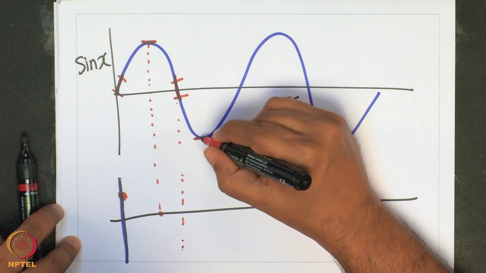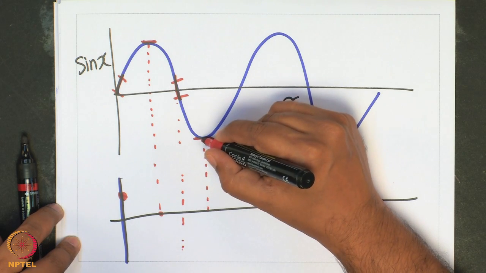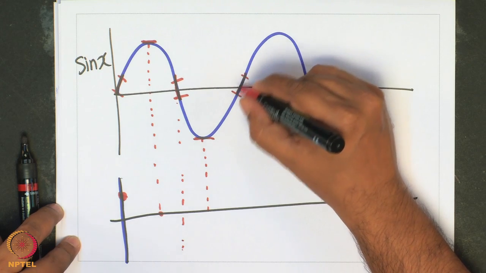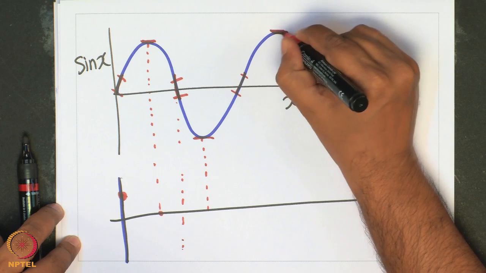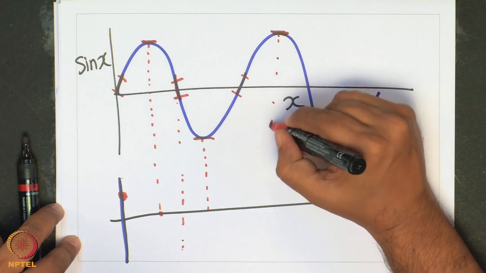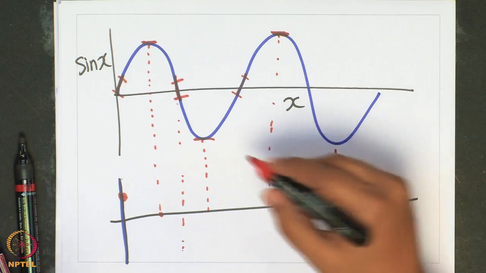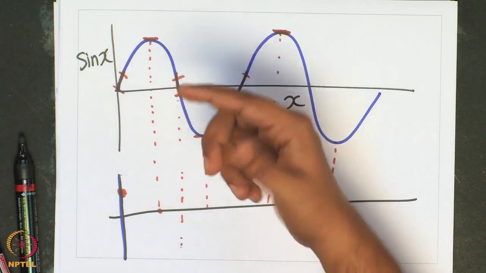This segment, if you look at this part, again has a 0 slope. Here there is a positive slope. If you look at this small segment here, it will have a 0 slope again. Similarly, here also there will be a 0 slope. So, wherever there is a maxima or a minima, the derivative of it will be 0.